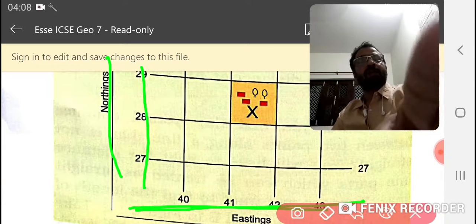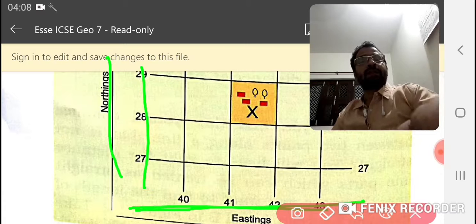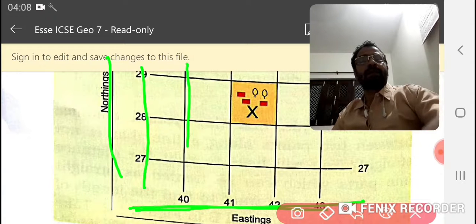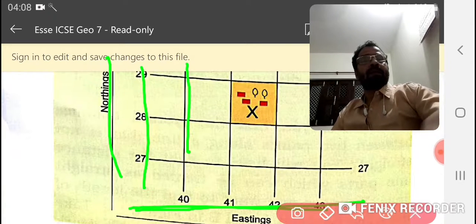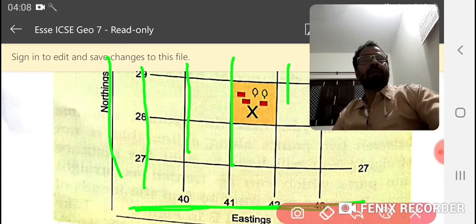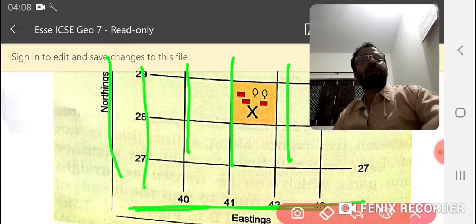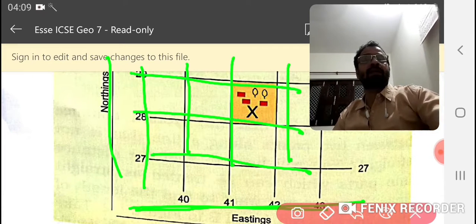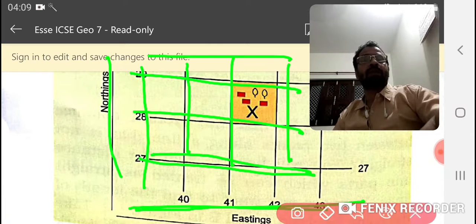Easting, that opposite you may think that this side which line passes, this may be northing, you may think so like this. No, that is wrong. This line, which one? This is known as northing. The line from bottom to top, which one?